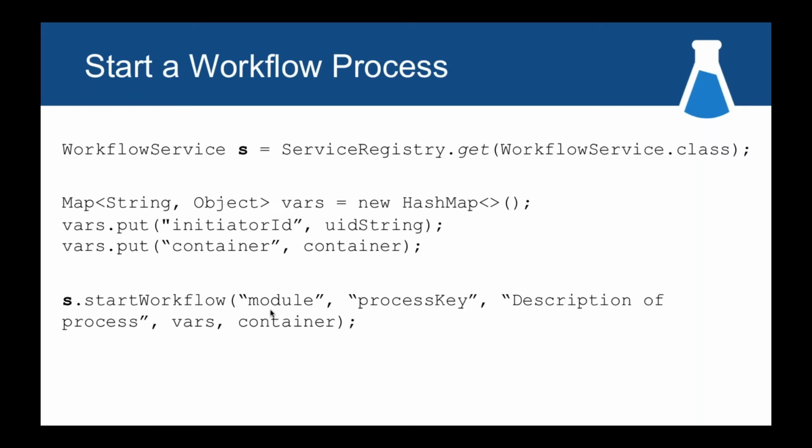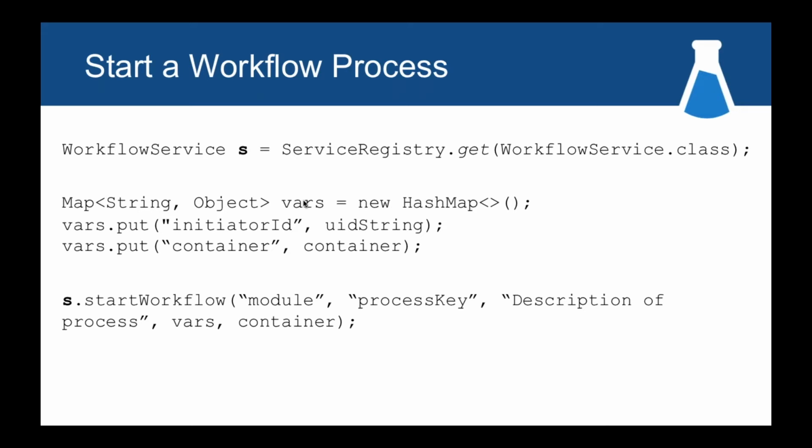Once we have created the process definition XML file, then within your code, you need to start a workflow process. The workflow model API has a workflow service, which you can get from the service registry from LabKey, and then you set up your variables.